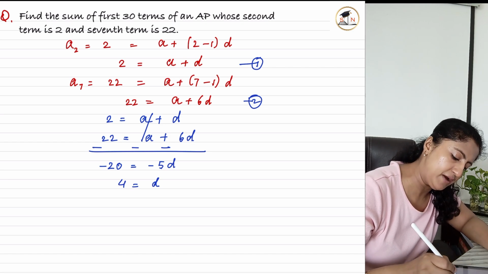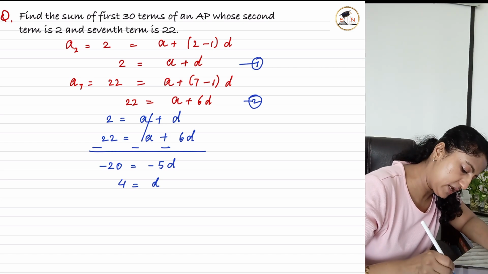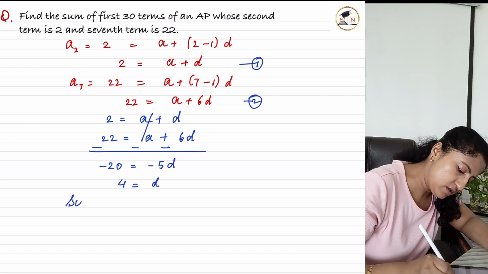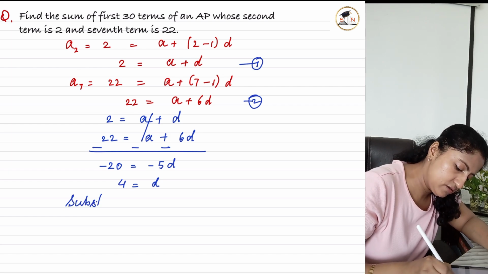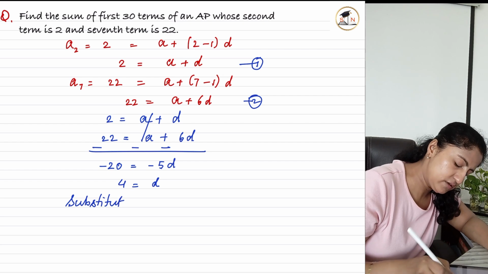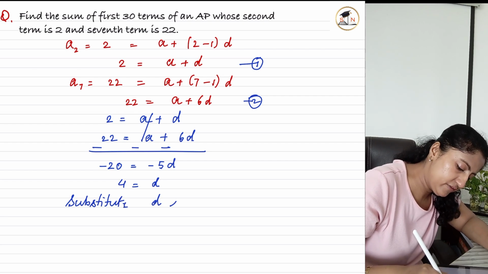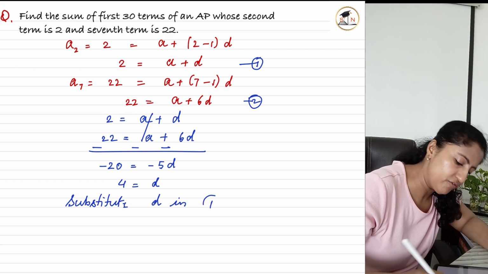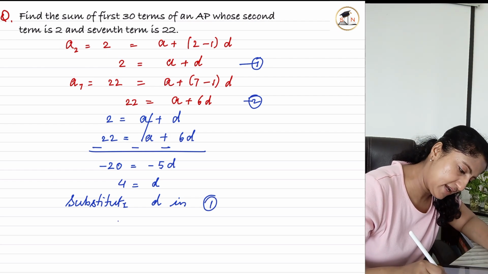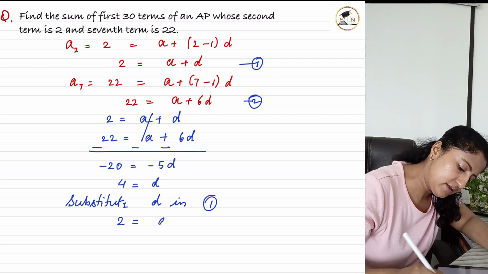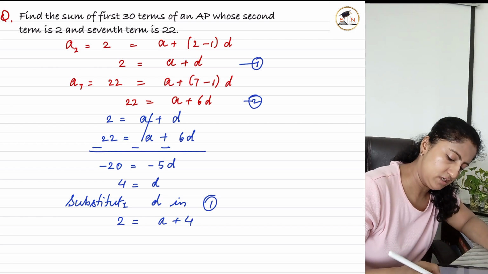Now, we need to get back our A. So, what I will do, substitute D in 1. Okay. That means I am getting 2 equals A plus 4. So what I get?